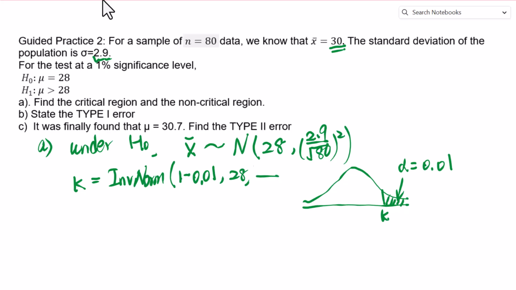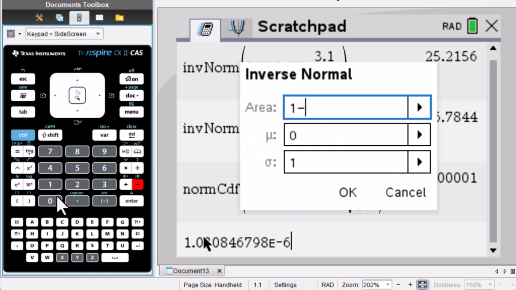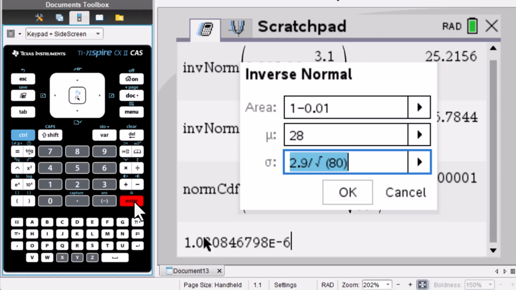Mean 28, 2.9 over square root 80 as the standard deviation. Area 1 minus 0.01. Mu 28. Standard deviation 2.9 divided by square root 80. Enter.